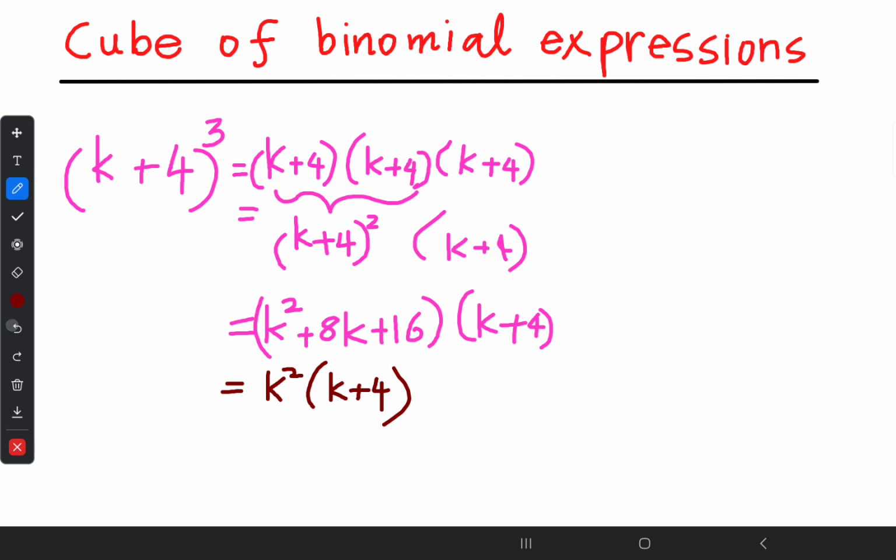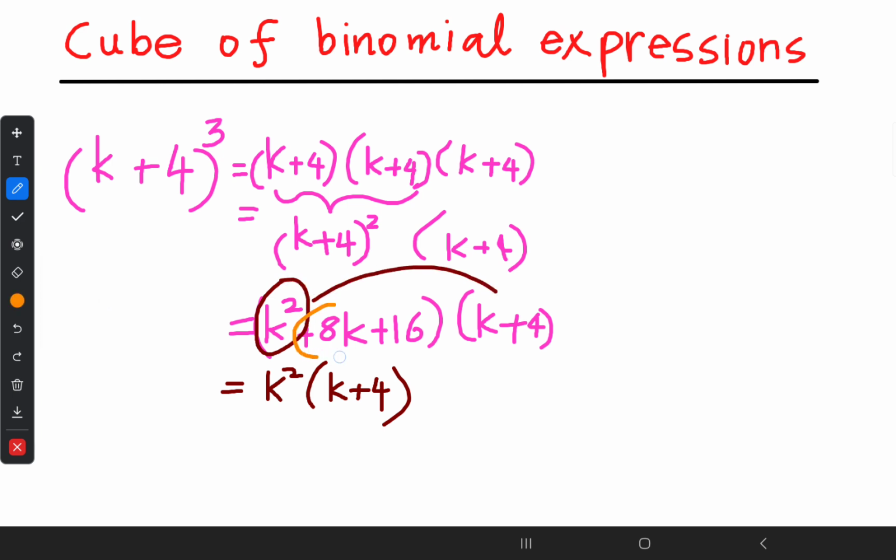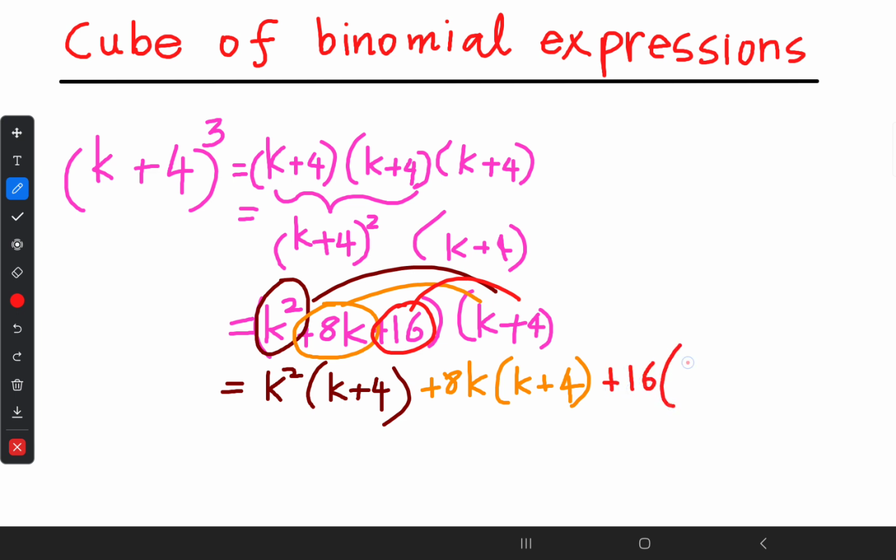Again, this value also should be multiplied with, I will use different colors to indicate, k square should be multiplied with this expression. Thereafter, this positive 8k also should be multiplied with the k plus 4 expression. Finally, the numerical, which is positive 16, also should be multiplied with the k plus 4 expression.